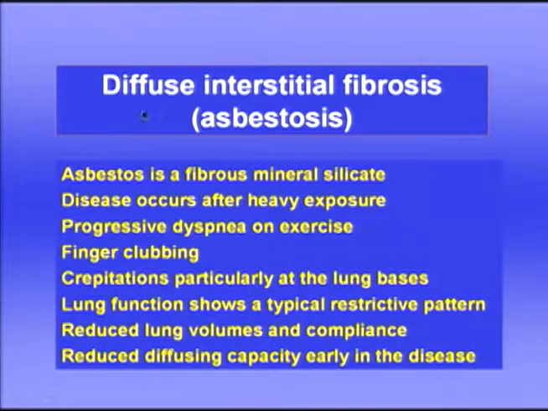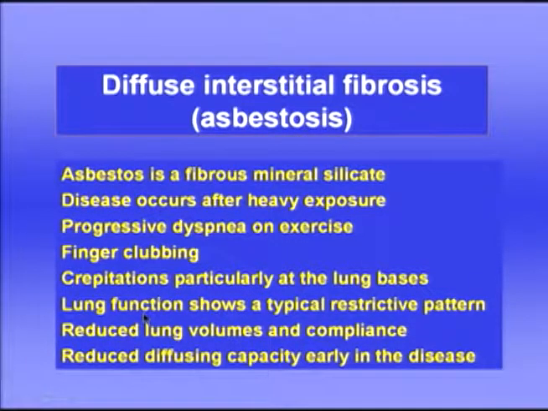As other forms of diffuse interstitial fibrosis are seen, there's progressive dyspnea on exercise. You often get finger clubbing. You get these fine crepitations or crackles by auscultation, and as far as I know, the reason for that is not fully understood. There's no fluid in the lung, but the fibrosis causes these fine crepitations for some reason.